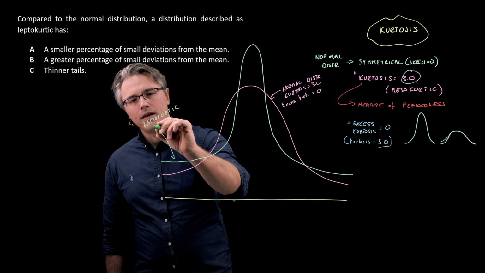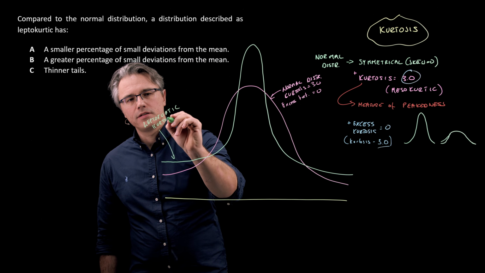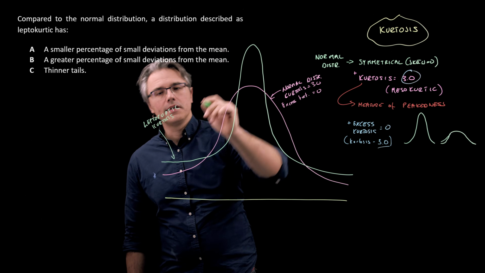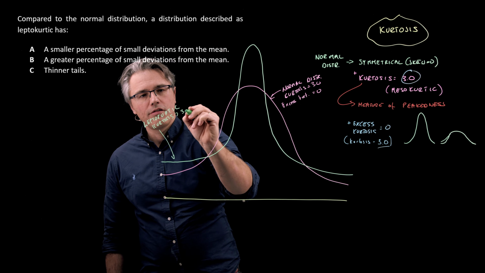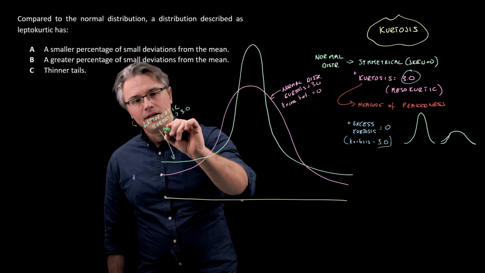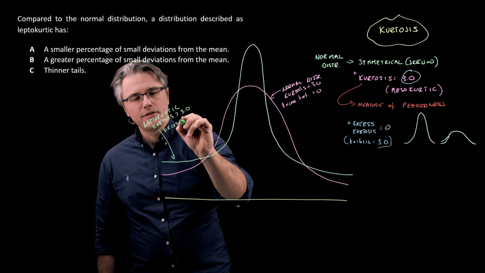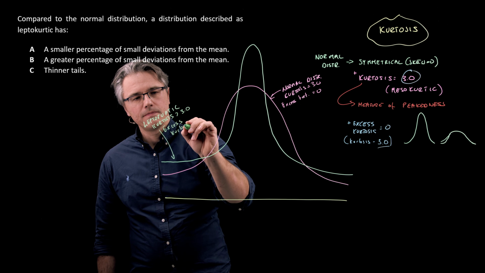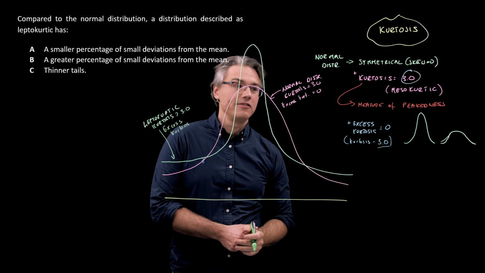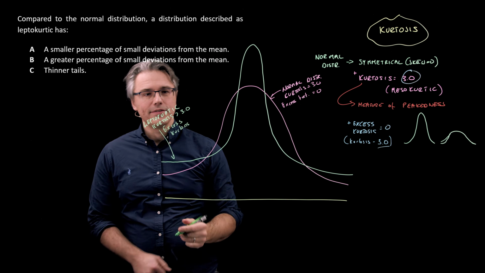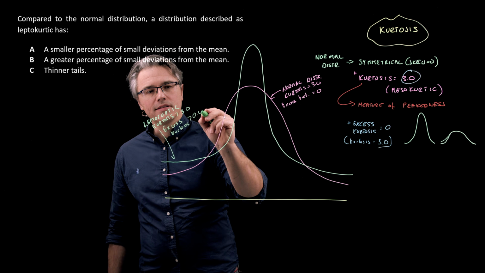And because it's more peaked, it will have a kurtosis parameter which is higher than 3. And it will absolutely have positive excess kurtosis, because kurtosis is higher than 3, so whatever it is minus 3 is going to be more than 0.